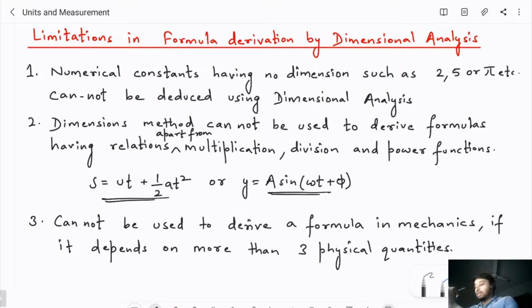And at the same time, if there is a formula in which we have physical quantities which have the same dimensions, again in that case those formulas cannot be derived.